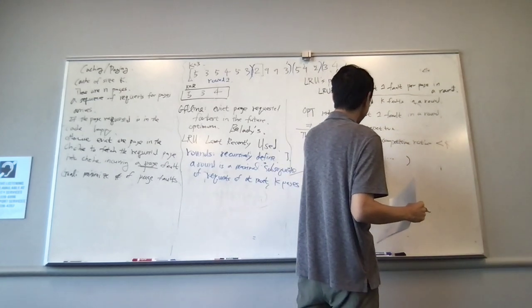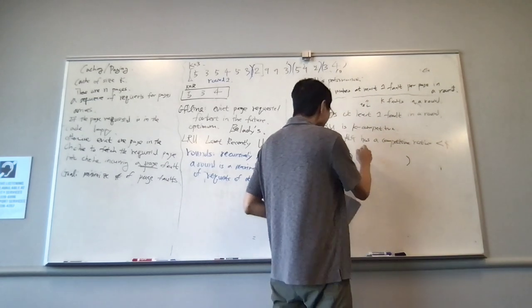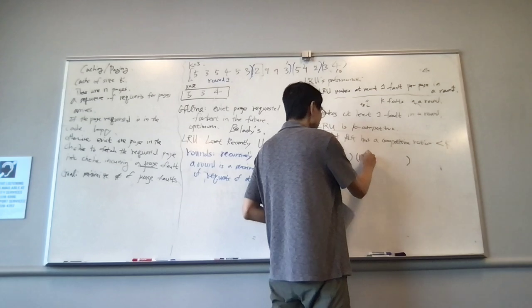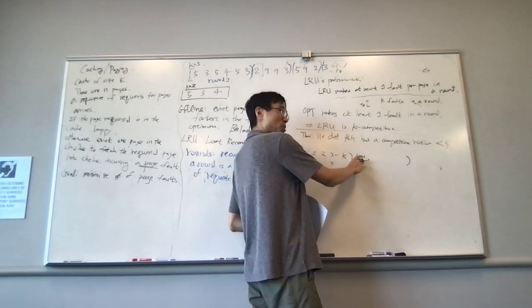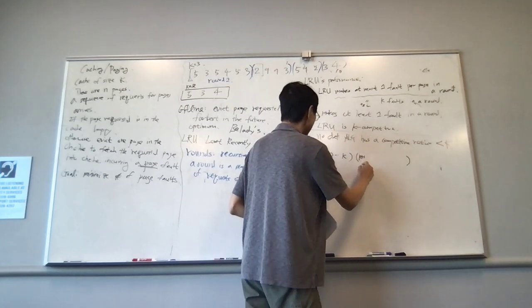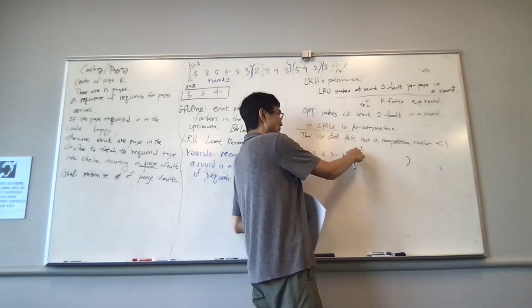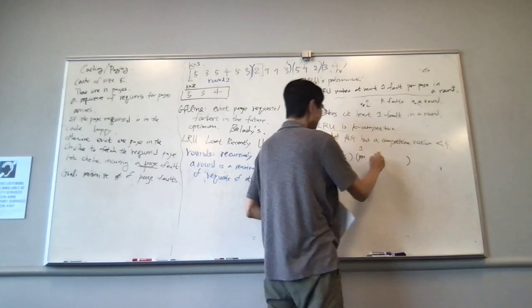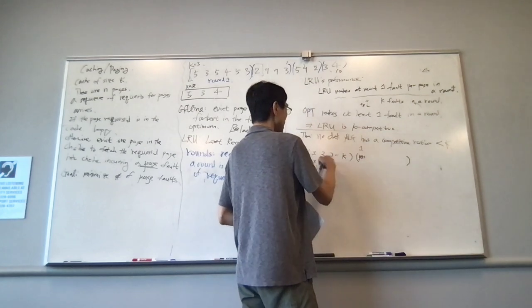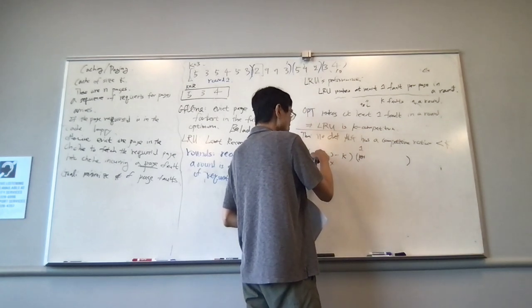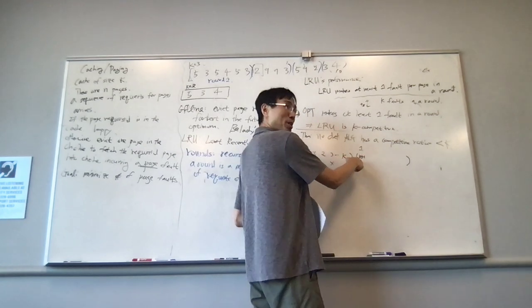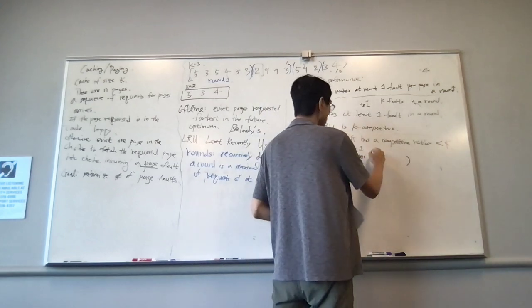Sorry, I should not put this one. So, a new page request: I'm going to evict, say, page 1. When I put this one, it means that I'm evicting this page 1. So now I have pages 2, 3 through K plus 1. Now I request page 1.